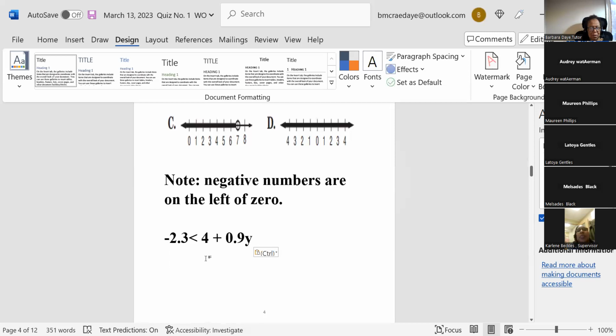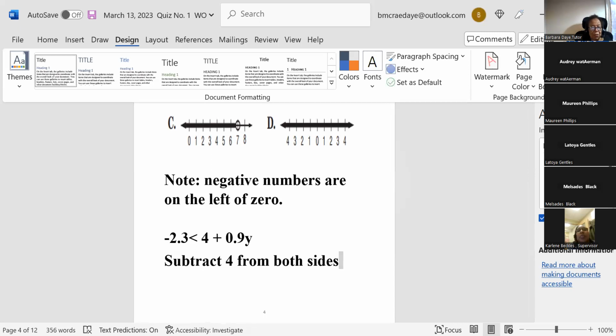No, Maureen, you want to get the 4 with the minus 2.3. Those are your constants. So what do you do, Maureen? We'll add 4 to the 0.9? You have to subtract the 4 from both sides. Subtract 4 from both sides.